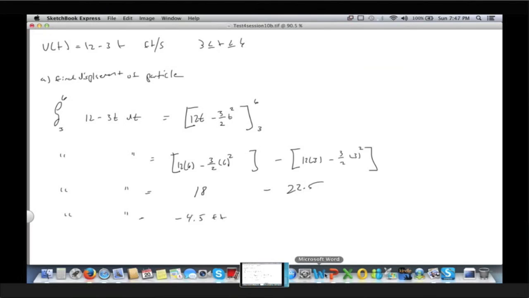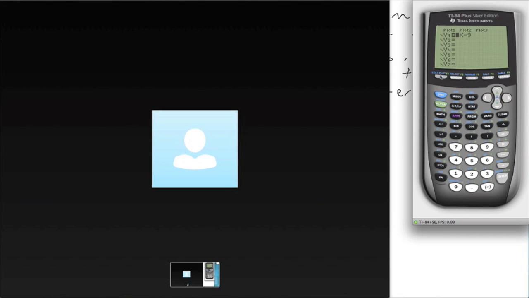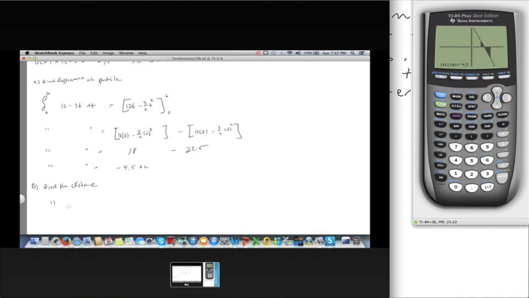So 12 minus 3x graph. Second calc. 3x 6, negative 4.5. Cool. Okay. Now for B. The first part is to find when, at what time, velocity is equal to 0. So we set velocity equal to 0.